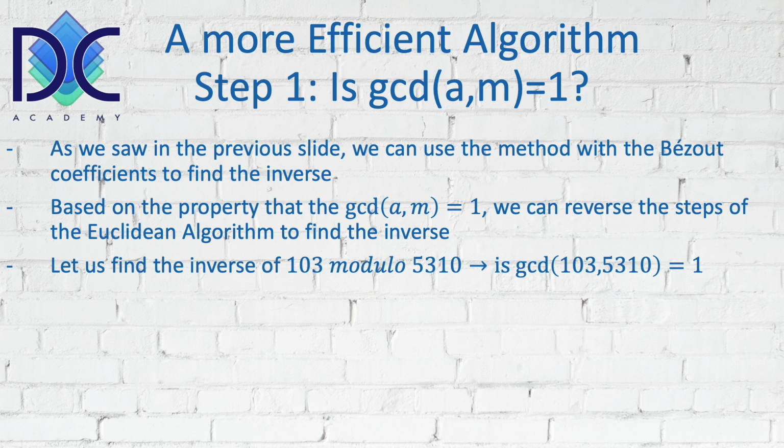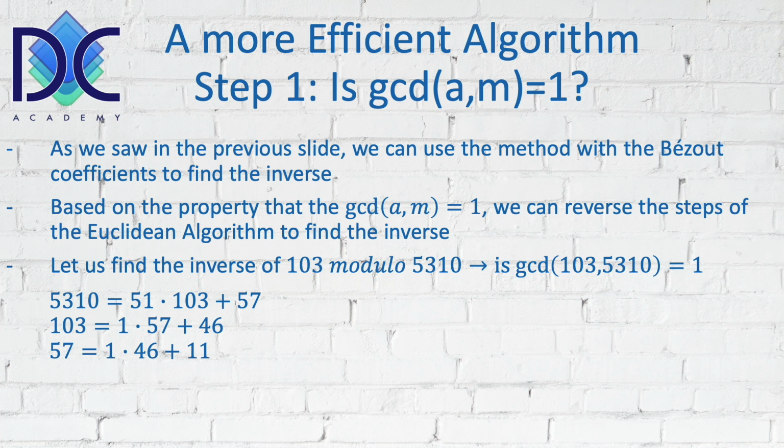So let's find the inverse of 103 modulo 5310, and is the GCD of 103 and 5310 equal to 1? We can write that 5310 is 51 times 103 plus 57. Now we can say that 103 is 1 times 57 plus 46.